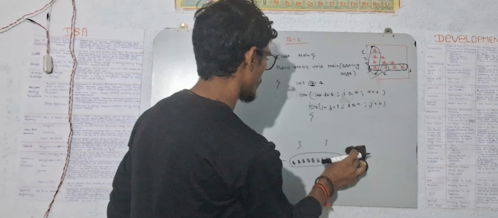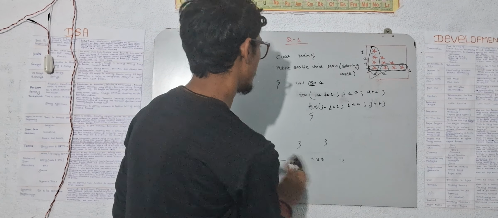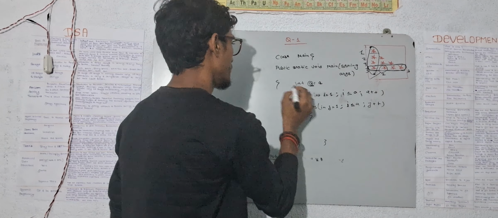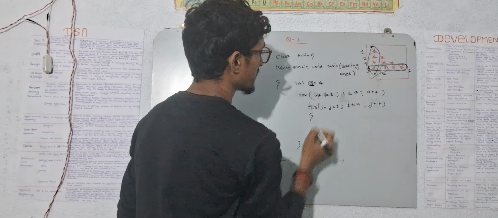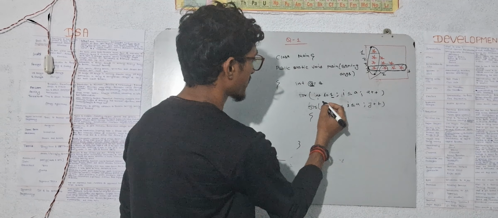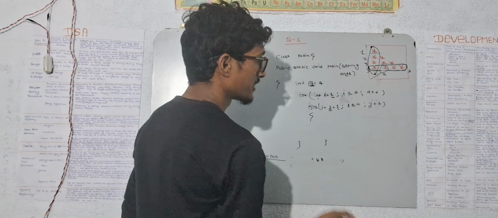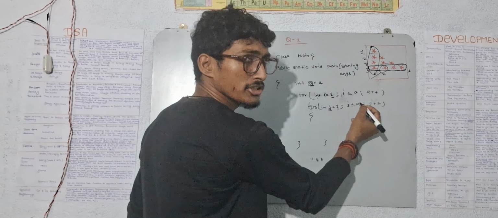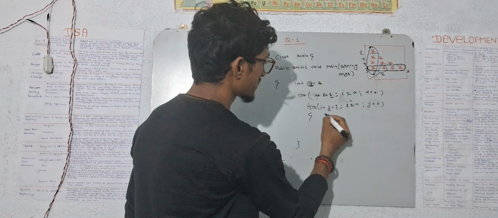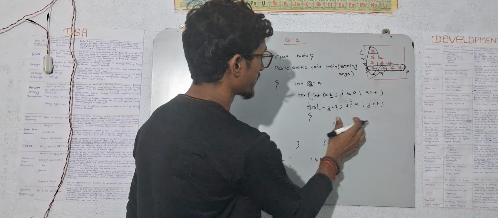As you can see, when this code executes, first it will come here with i as 1 and come here to j. It checks j less than or equal to a, it gives true, and this code will run.